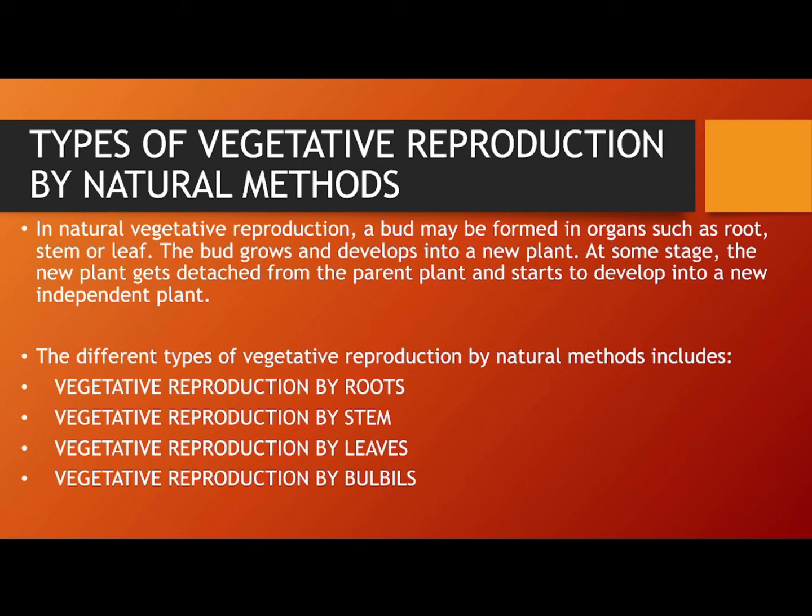That is vegetative reproduction by root, by stem, by leaves and by bulbils. These four headings we are going to see elaborately, giving examples.